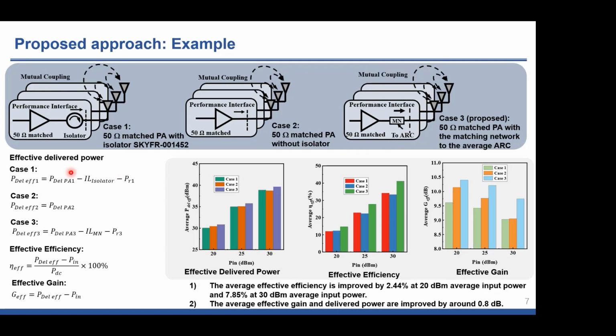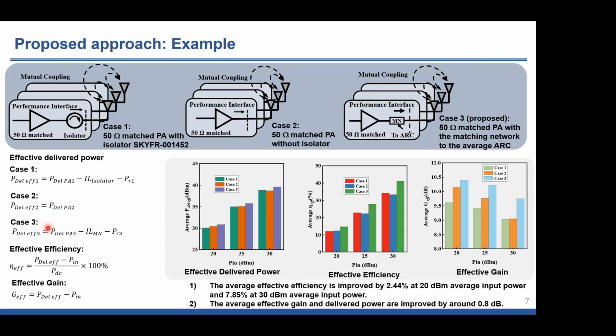And here we have different methods to calculate them. For the first case, the effective delivered power is the delivered power of the PA minus the insertion loss caused by the isolator and minus the reflected power caused by the mismatch between the isolator and the active antenna array. And for the second case, the effective delivered power is the delivered power of the PA.